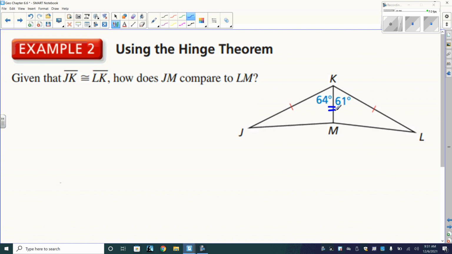So we do have the side in the middle that is congruent. How does JM compare to LM? Which one's bigger? Which angle is bigger? 64, so it has to be the bigger side.